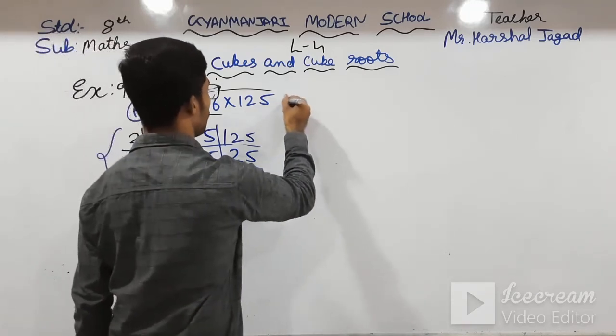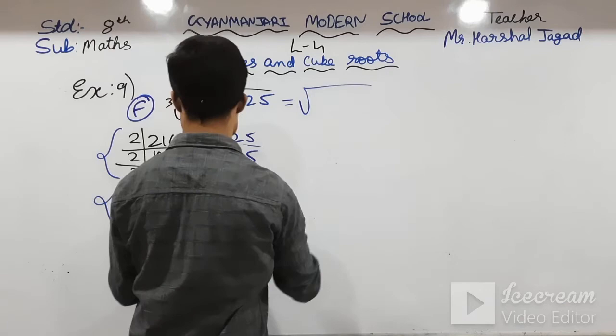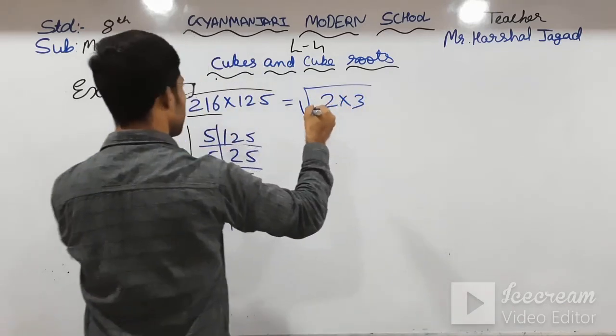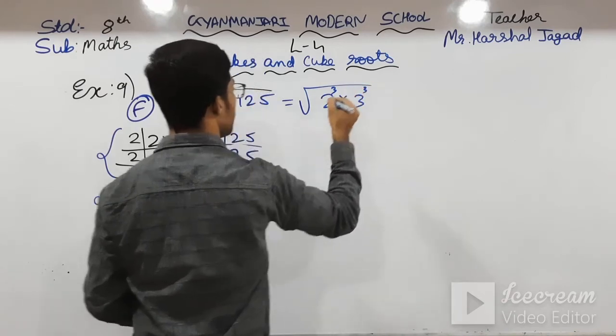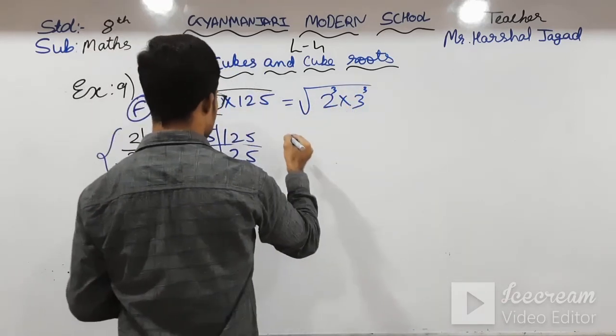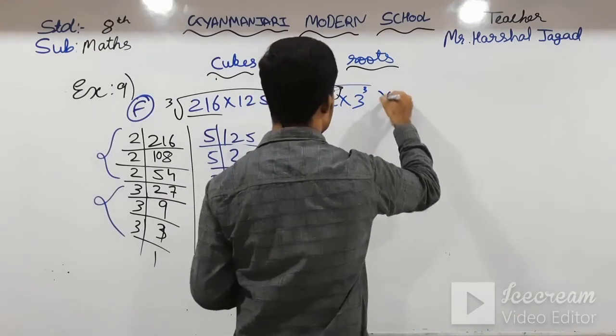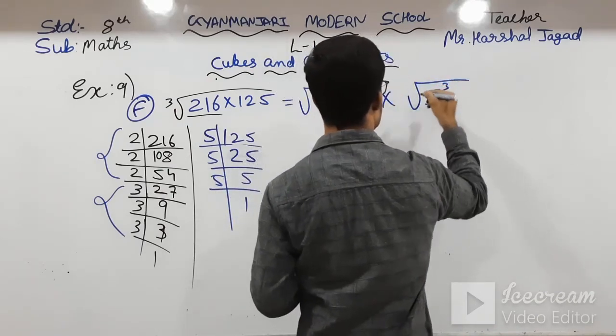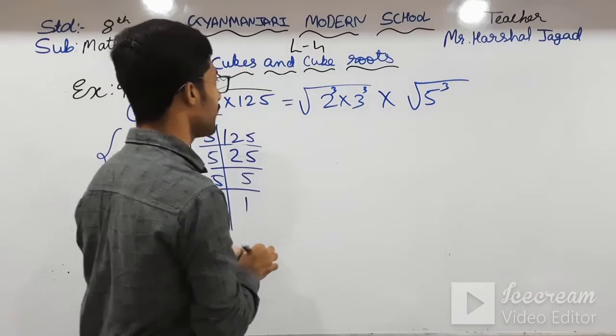Okay students, so what we will do is 2 into 3, and into 5 cube. So what will be the answer?